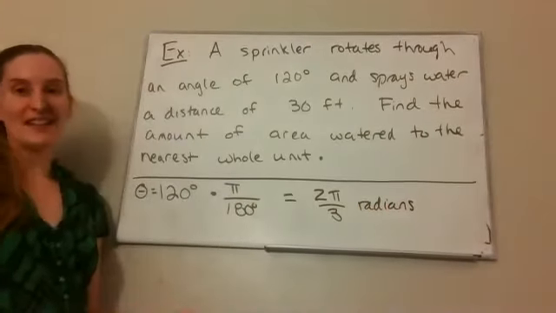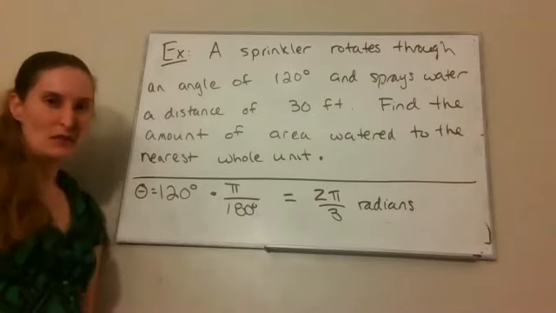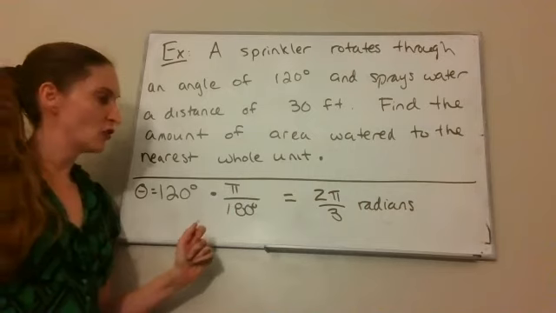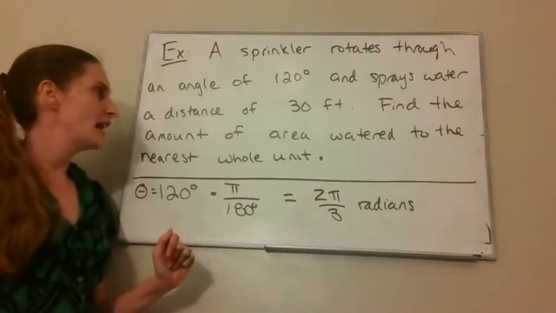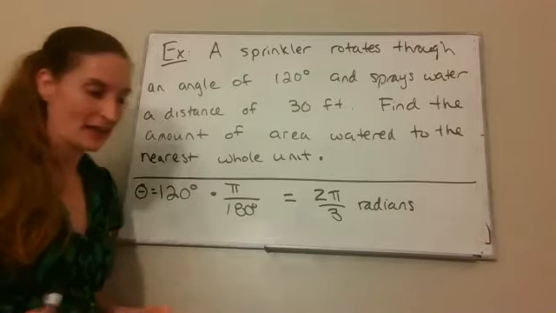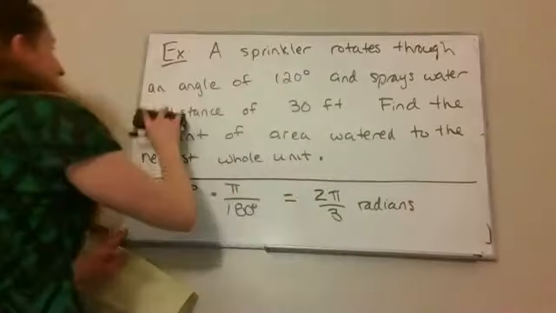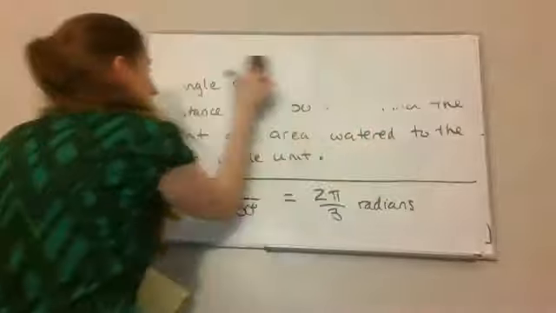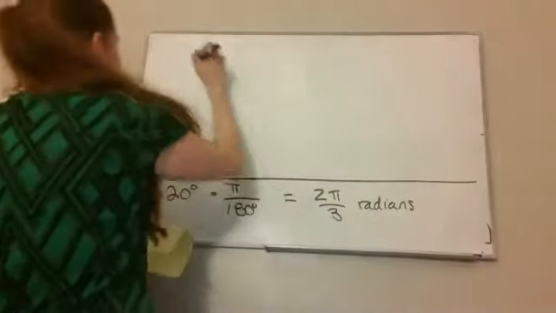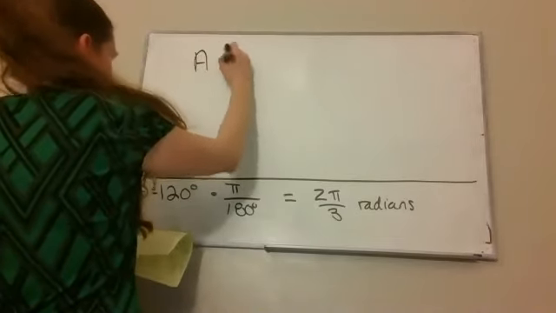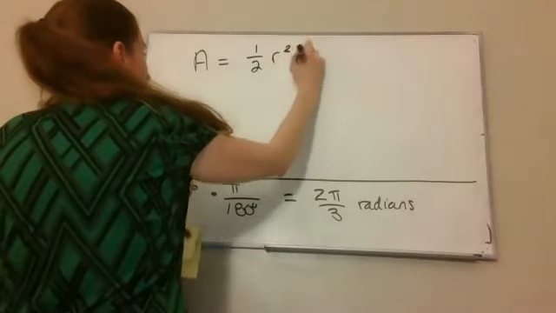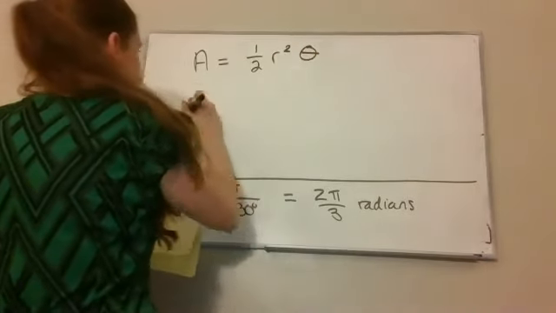So now I can find the area of this space that's being watered by the sprinkler using my measure 2 pi over 3 radians, and I have the distance of 30 feet. That's talking about the radius. So we have the area is equal to 1/2 radius squared times theta.